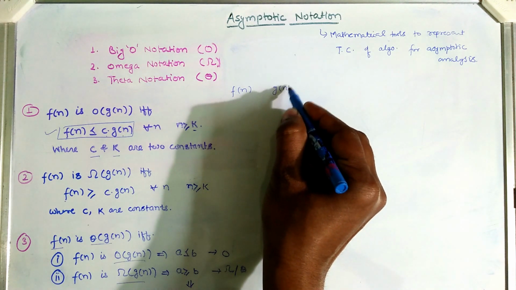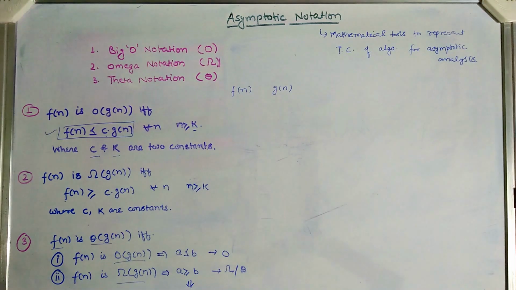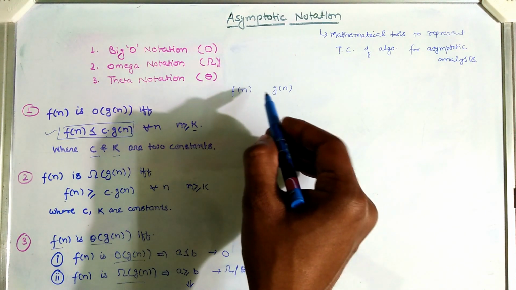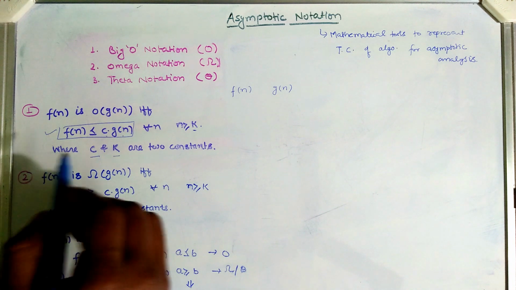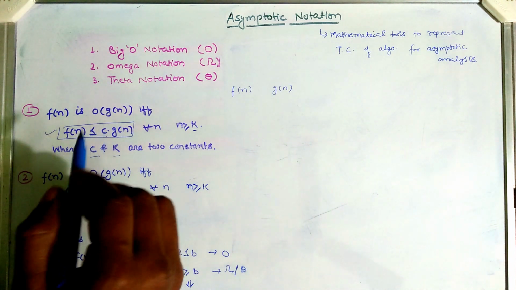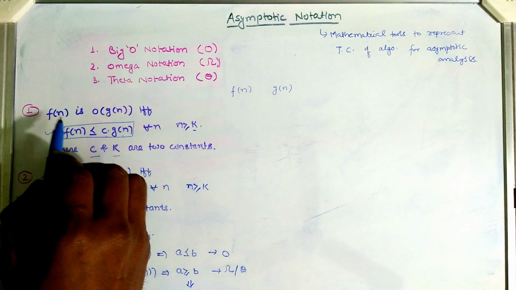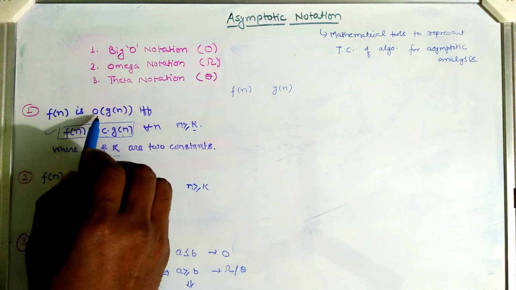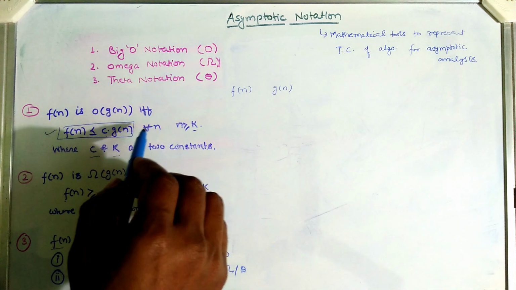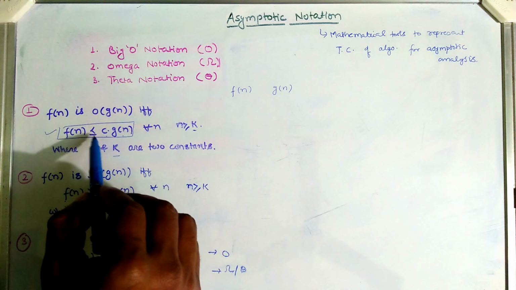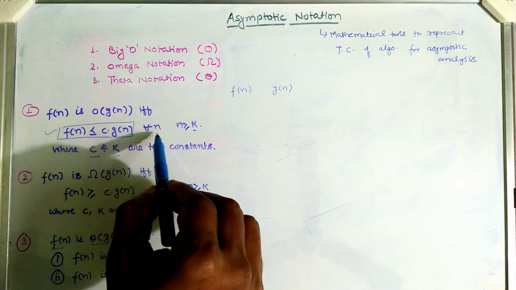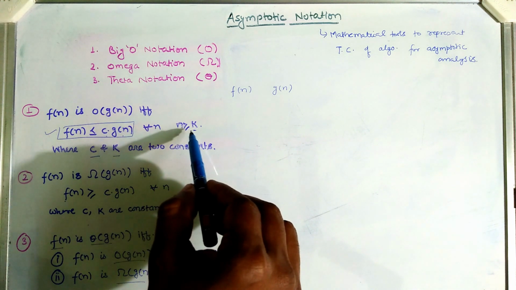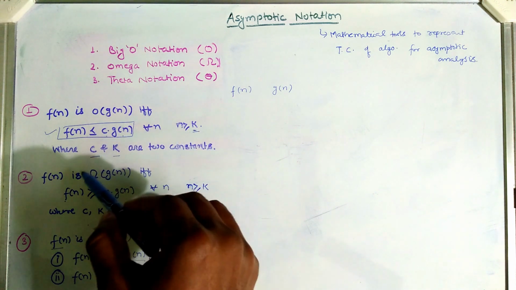These are some positive functions of input n. Then f(n) is said to be big O of g(n) if and only if the function f(n) is always less than or equal to c times g(n) for all values of n where n is greater than or equal to some k.